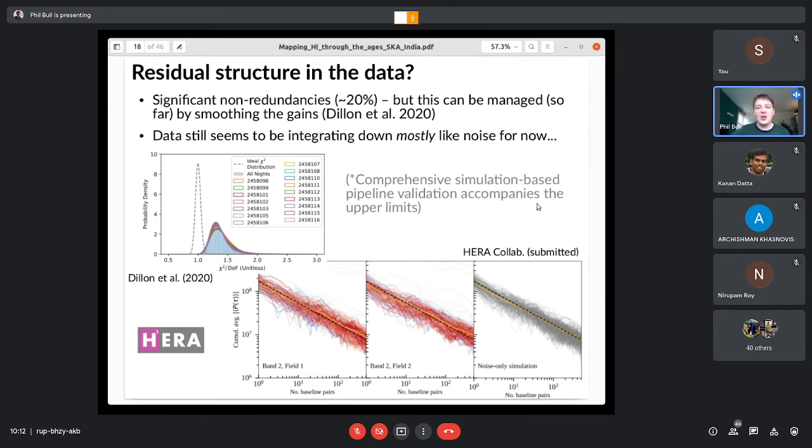What you can see here, the bottom right, these we call them Allan variance tests, although they're not really that. So we're essentially integrating over baselines for one particular baseline group, say, and we're taking the average of the power spectra, the cumulative average, sorry, as we add more and more data, and it should integrate down like 1 over n.